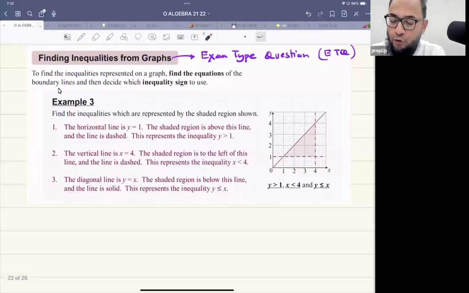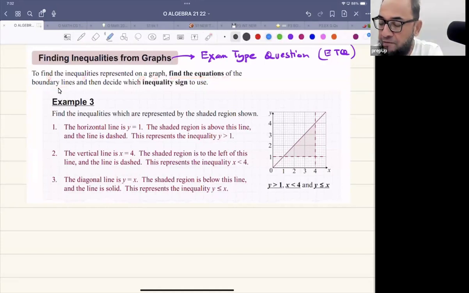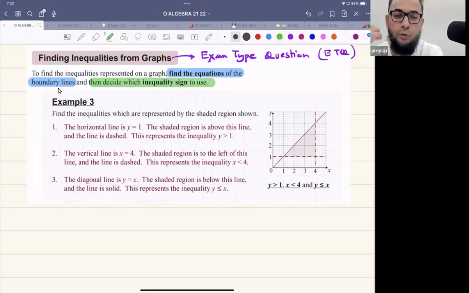It says to find inequalities represented on the graph, find the equations of the boundary lines. That needs to be highlighted. Find the equations of the boundary lines and then decide which inequality sign to use. We know that above, below, right, left, that's standard, we already know.